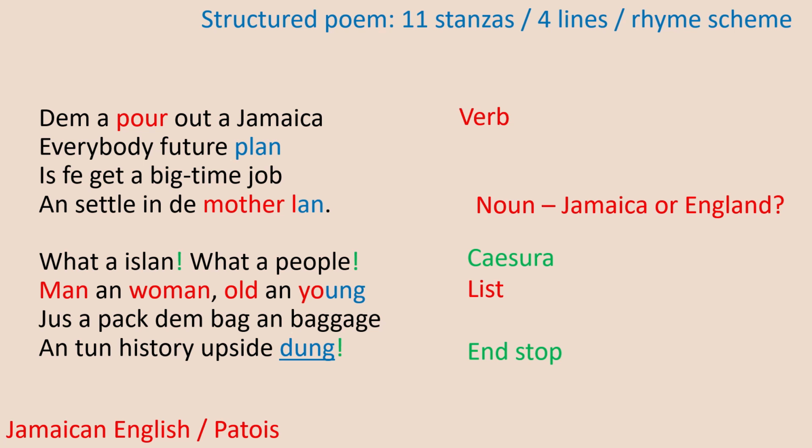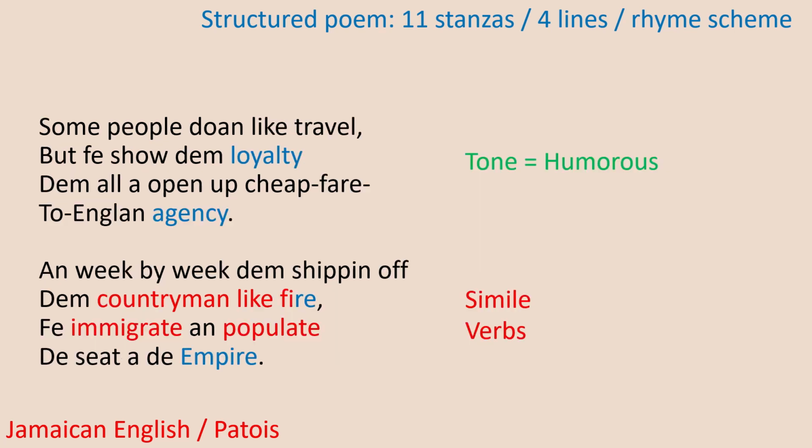Is this Bennett's way of saying not only turn history upside down, so this idea of Britain ruling over Jamaica, she wants to turn that upside down so that Jamaica can have rule over Britain, but is that maybe a suggestion that life under British rule was like dung, was like poo, like feces, was rubbish, was the S word? You could stretch that. I think you could argue that.